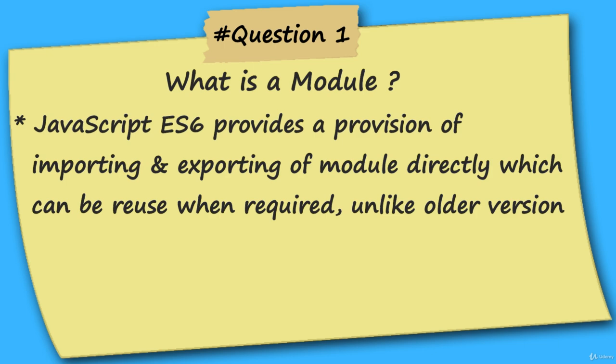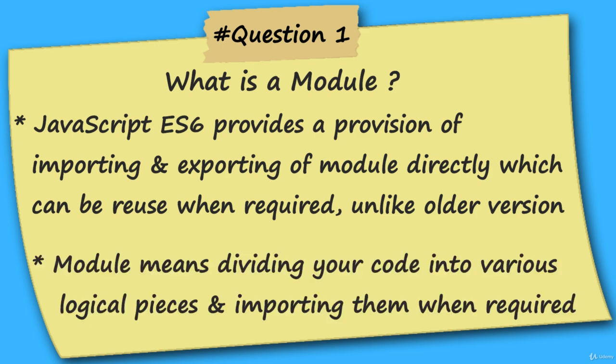Now we have import and export statements, which allow you to export a module which can be reused as and when required. When we say a module, that means you are dividing your code into various logical pieces, and when required, you just import it and start using it. That's what a module is all about.